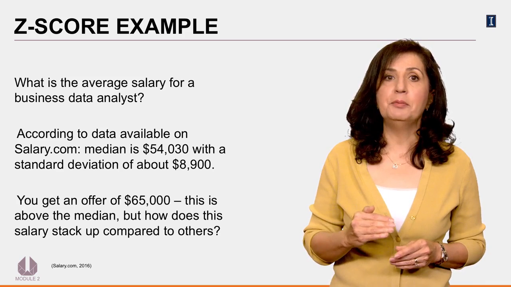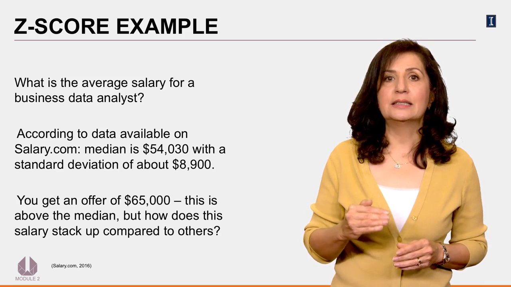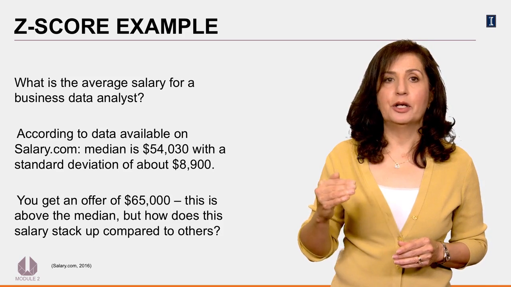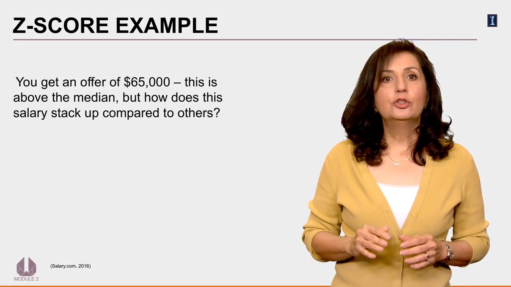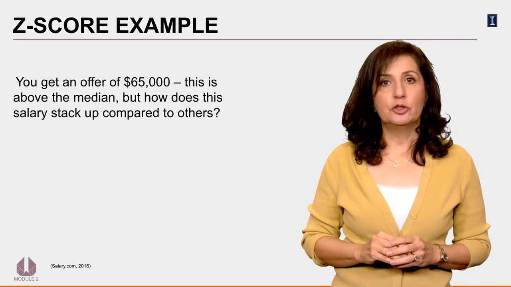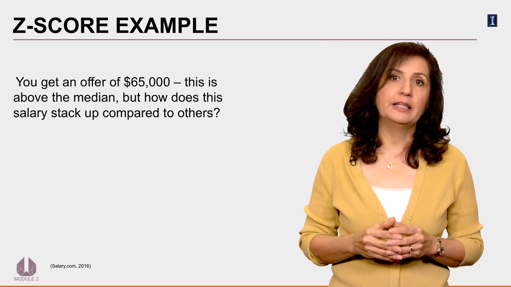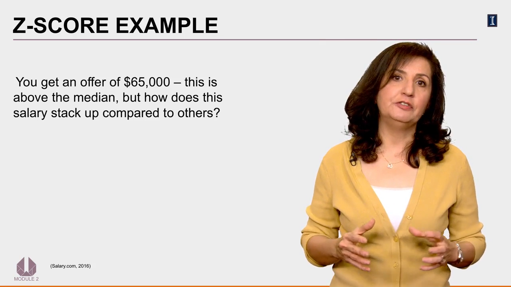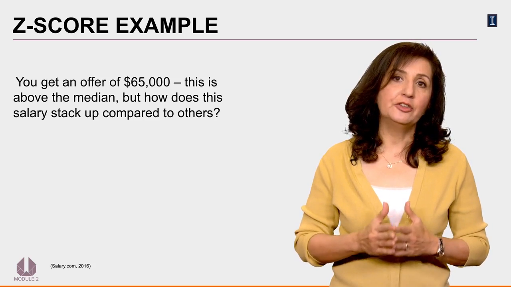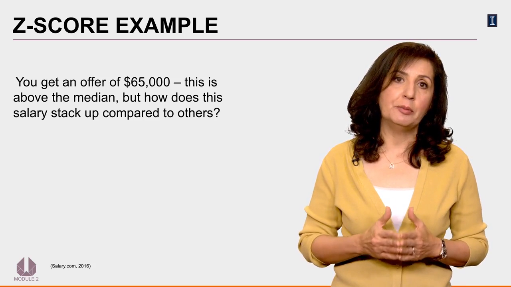This is above the median. But how does the salary stack up compared to others? To know where this salary falls, we can determine its percentile. To do this, we need to first find out how many standard deviations the offered salary is from the mean or the median.